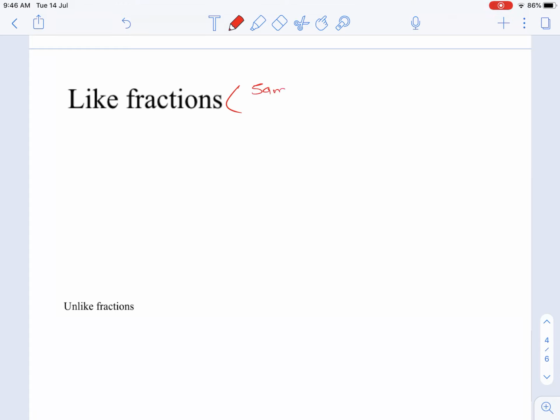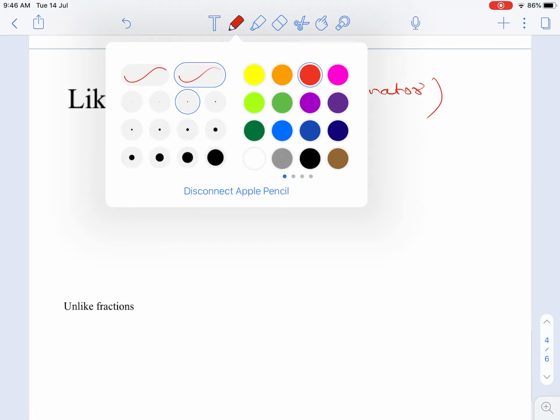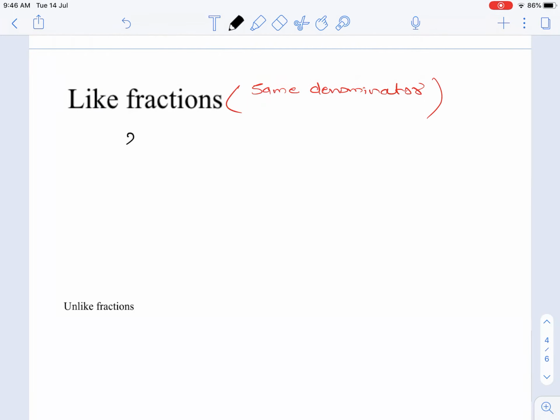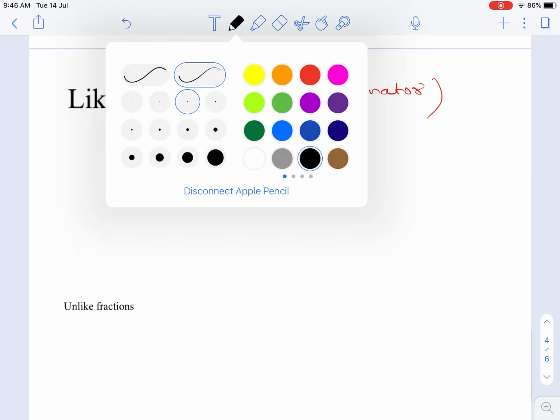If fractions have the same denominator, we will say they are like fractions. For example, 2 upon 5, 3 upon 5. Both these fractions have the same denominator, that is 5. So we can say that both are like fractions.